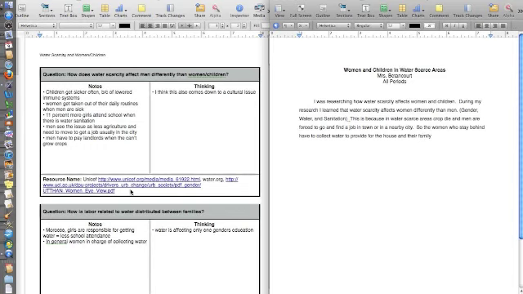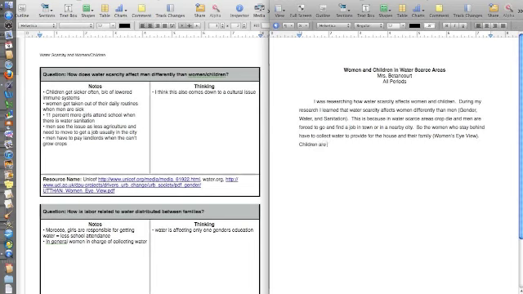Okay, and this information I got actually from this PDF right here, and there was no author that I could find, but the article was called Woman's Eye View. Sorry, I'm fixing it. Usually you put the period after the quotation, the parenthesis there. Okay. So the women who stay behind have to collect water to provide for the house and their family.